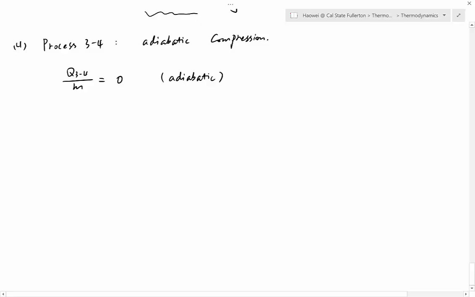And again, because 324 is the pump, where you have an inlet and an outlet, meaning you have mass transfer. So it must be a control volume. If it is a control volume, you have to use the long version of first law. Q dot 324 minus W dot 324, control volume work, plus M dot times H3 plus 1 over 2 V3 squared plus GZ3, because number 3 is the inlet, and then minus number 4, which is the outlet.